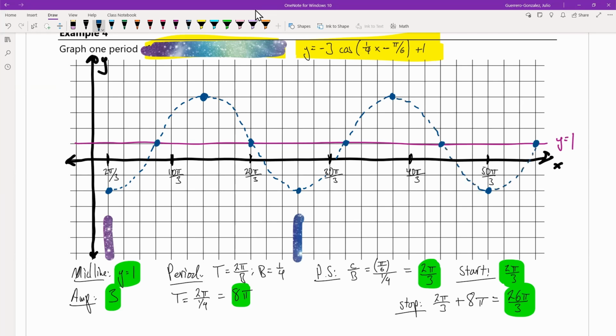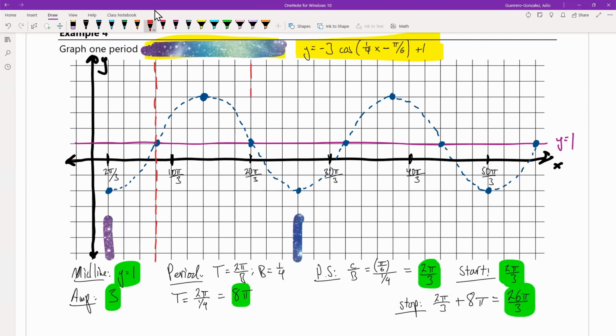Here we go. There we go. And just like before, wherever it crosses the midline, we have asymptotes. Yeah, that's the right color. There we go.